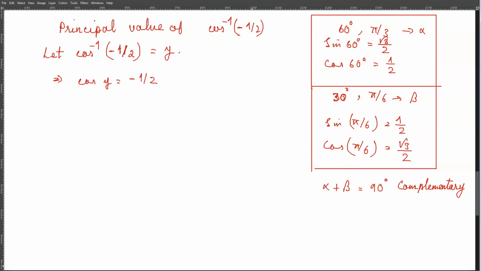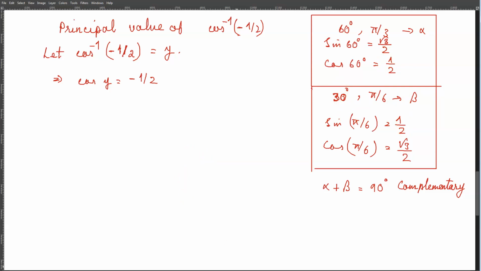And this phenomenon happens, meaning that starting with 30 degrees, sine of 30 degrees is equal to 1 by 2, cos of 30 degrees is equal to square root of 3 by 2, and then the sine of 60 degrees is equal to the cos of the 30 degree angle, which is equal to square root of 3 by 2, and the cos of 60 degrees is equal to the sine of 30 degree angle, which is equal to 1 by 2, right?